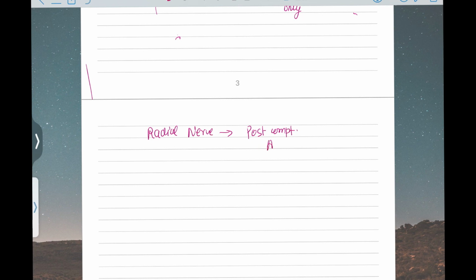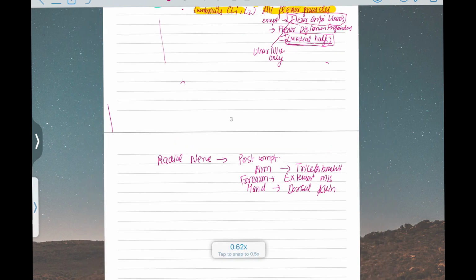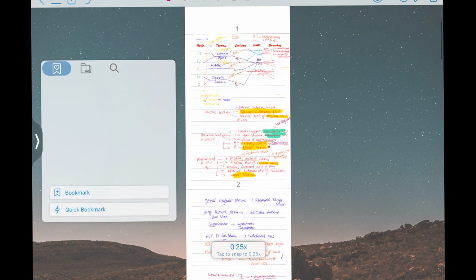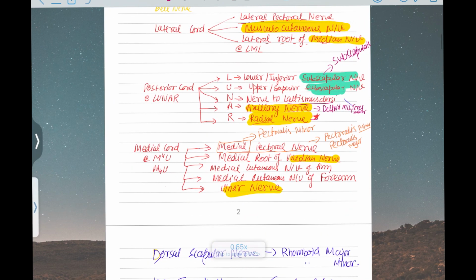The R, that is your triceps brachii muscle. Forearm, that is all your extensor muscles, and also the sensory part of your hand, the dorsal skin, you can say. Okay, so that is about the radial nerve.